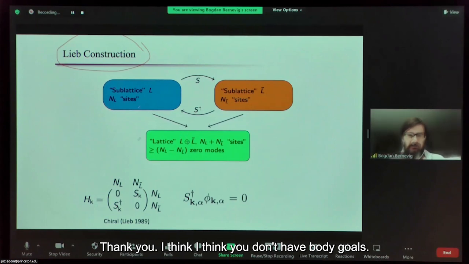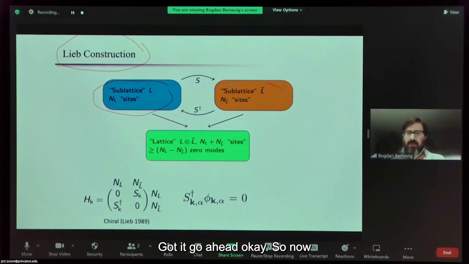Let's think about graphs, but obviously this applies to lattices. And said the following: take a lattice that has two sublattices. A sublattice L of NL sites, and the sublattice L tilde of NL tilde sites. And put in hoppings only between these two sublattices, not within one sublattice.